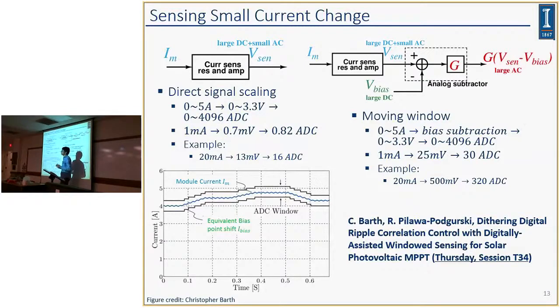Conventionally, when we want to measure current, we typically directly scale the current signal to fit it into the 3.3 volt or 2.5 volt ADC, which has a limited resolution.